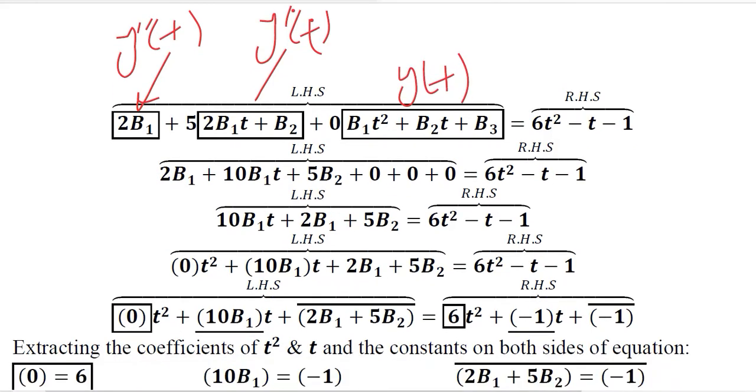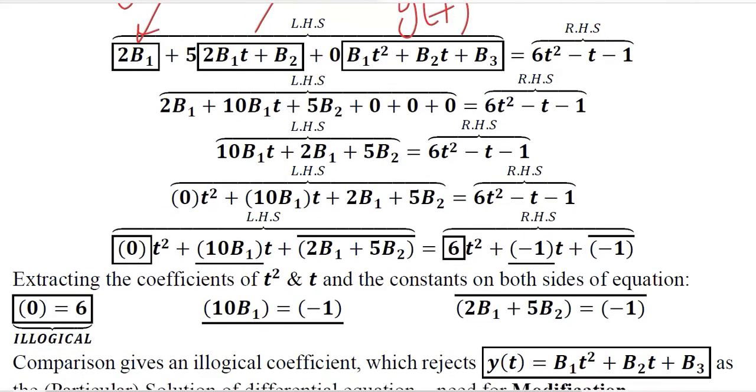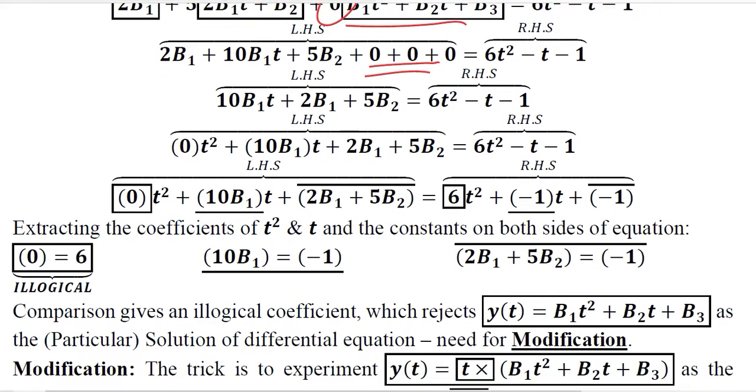Now we are going to simplify this expression, which is simple algebra. Due to this 0, all of these terms will reduce to 0. Rearranging and putting them in an order where t square comes in the beginning and then t and then the constant terms. Here it must be noticed that t square was absent, so we introduced it, but we also multiplied 0 with it so that it disappears at the end, and now it becomes comparable.